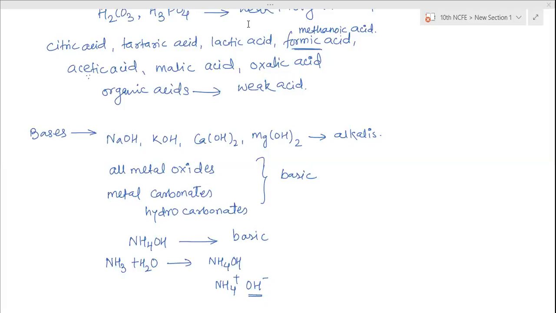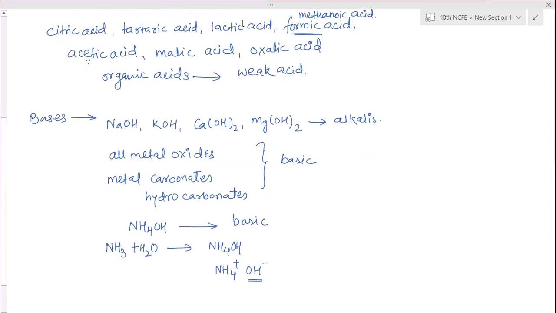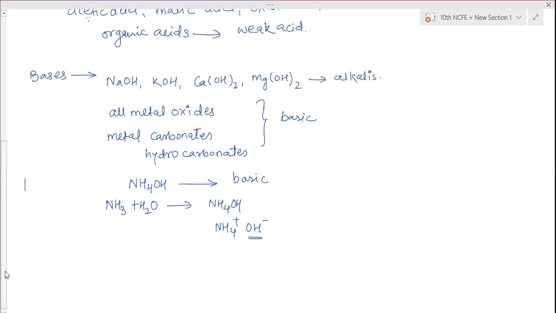Write down the answer. Ammonia, when dissolved in water, forms NH4OH, which further dissociates to form NH4 plus and OH minus ions.